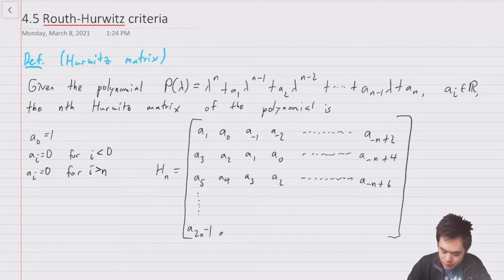So this over here would be a(2n-2), and so on until you get to an.